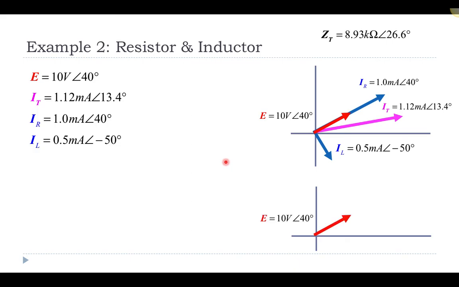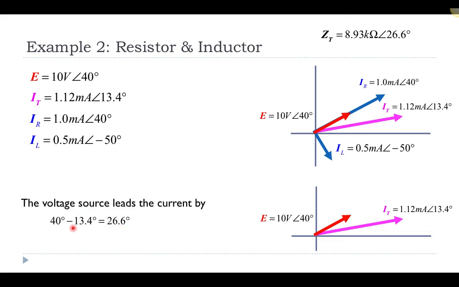If I wanted to just know how the voltage of the source compares to the current that's coming out of the source, I realize that the voltage, which is at 40 degrees, and the current, which is at 13.4, the voltage leads the current by an angle of 40 minus 13.4, which is 26.6.